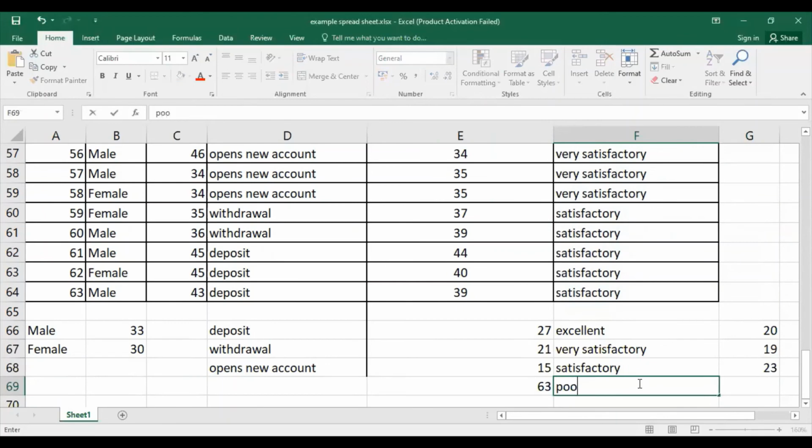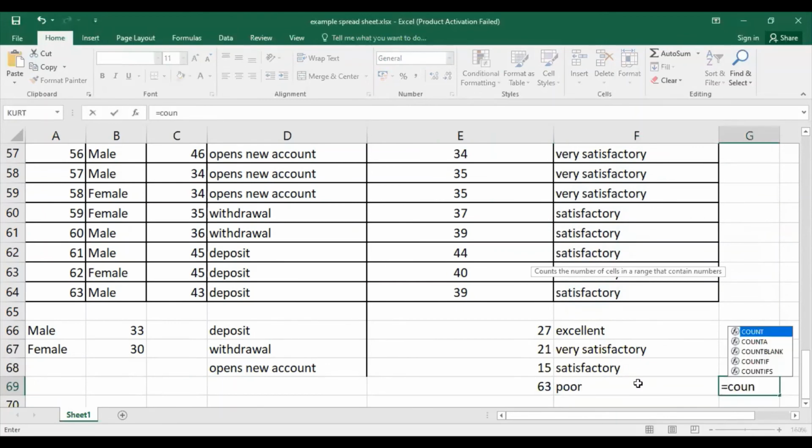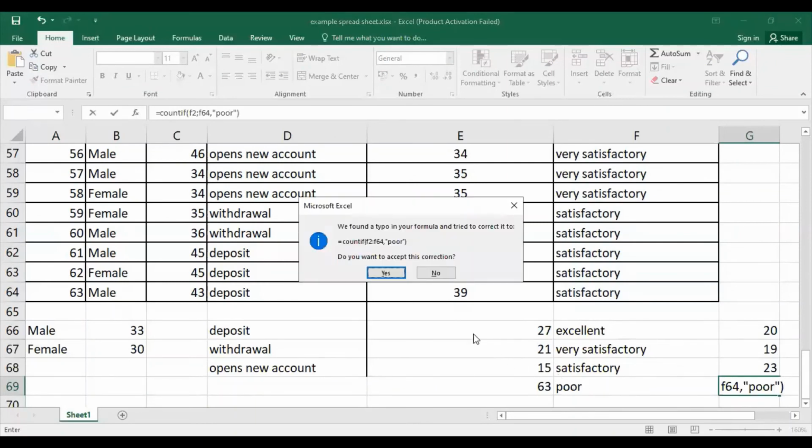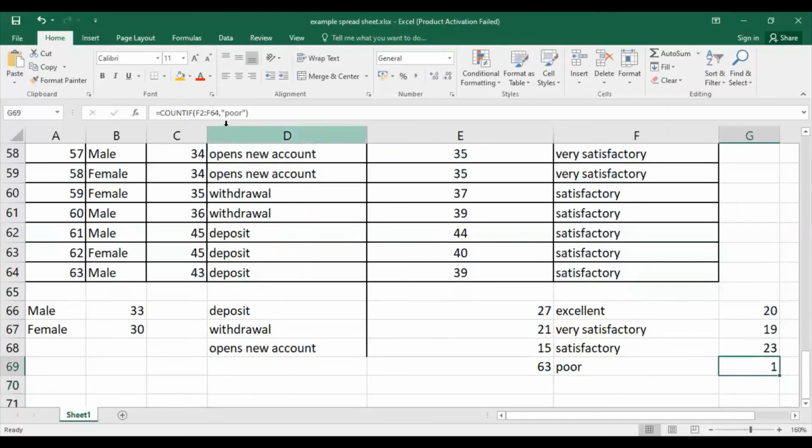And last would be poor. Again, we have equal sign and then Countif. And then range from F2 to F64. Okay. And then our criterion is poor. Okay. And there is only one.